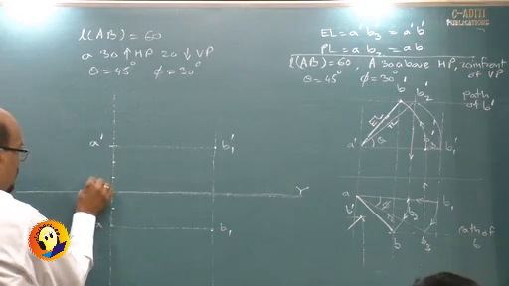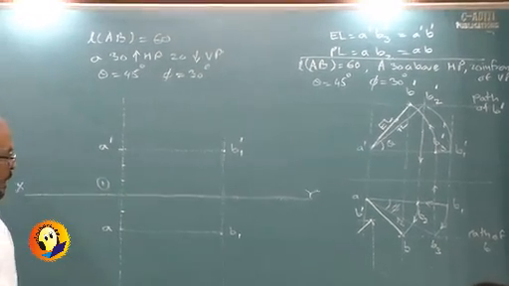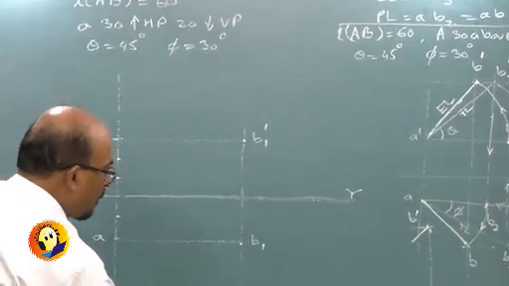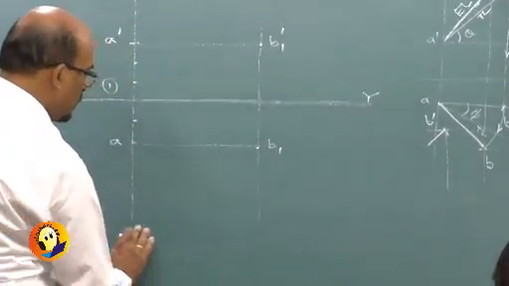So my first step is point A. My second step is to mark this 60.